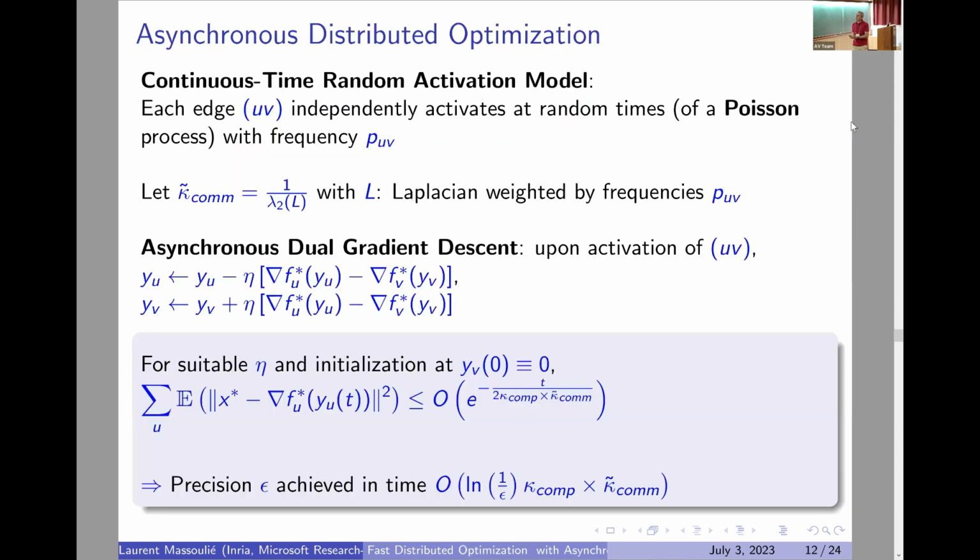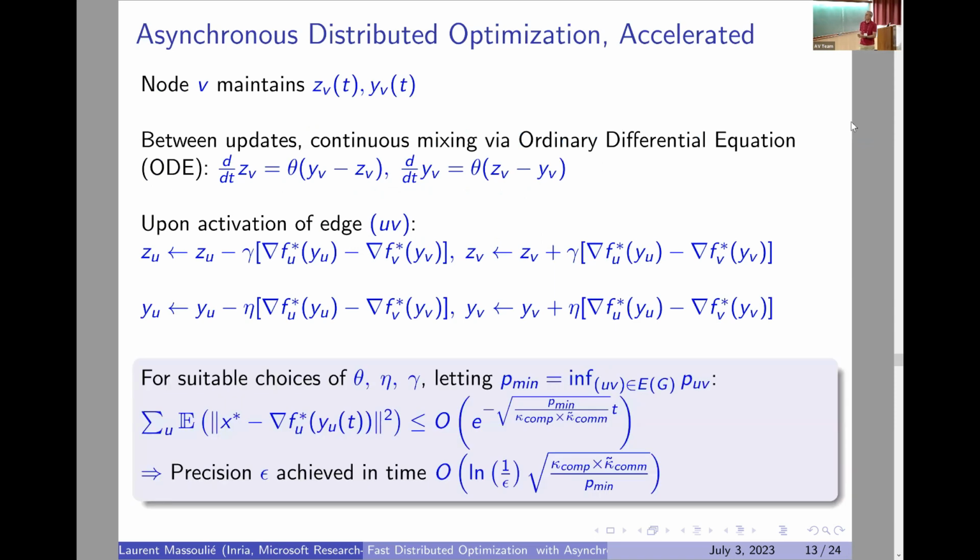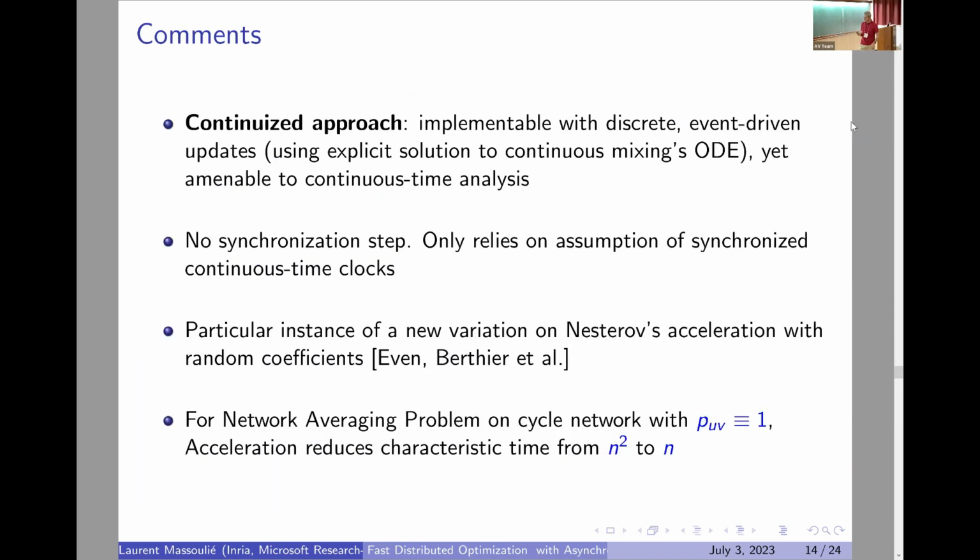Okay. So what I wanted to say about this scheme was the following. So we coined this a continuized approach. So this is in reference to something that David Aldous proposed for analyzing discrete time Markov chains. So he created continuous time Markov chains, allowing him to analyze the discrete time chains, and he called them the continuized chains.